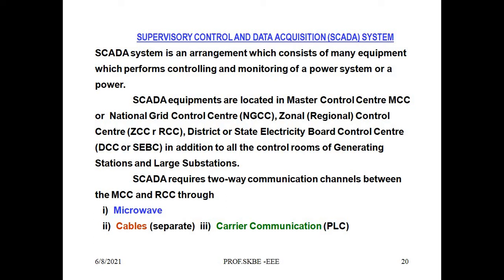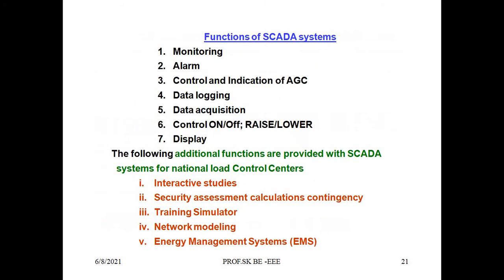In addition to all control rooms of generating stations and large substations, SCADA requires two-way communication channels between the MCC and the RCC through microwave, cable, or separate carrier communication, PLC.